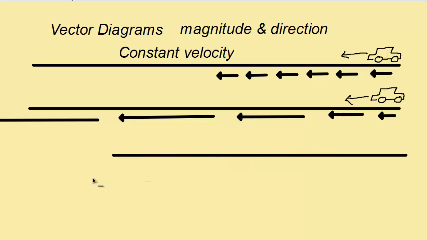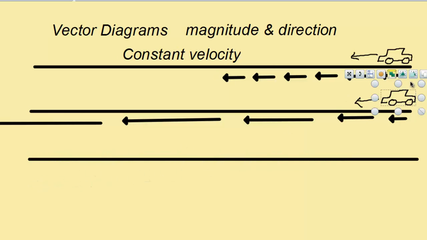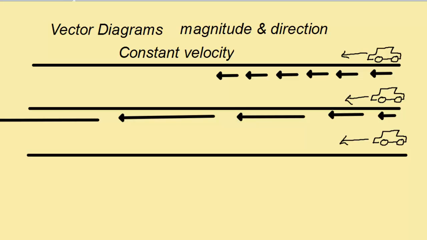All right, so let's go to the third example. Same one we had earlier. So we've got the car, and we're moving to the left again, so we have a velocity to the left. But remember that in that example what we were trying to do was show acceleration back to the right because we were slowing down, weren't we?